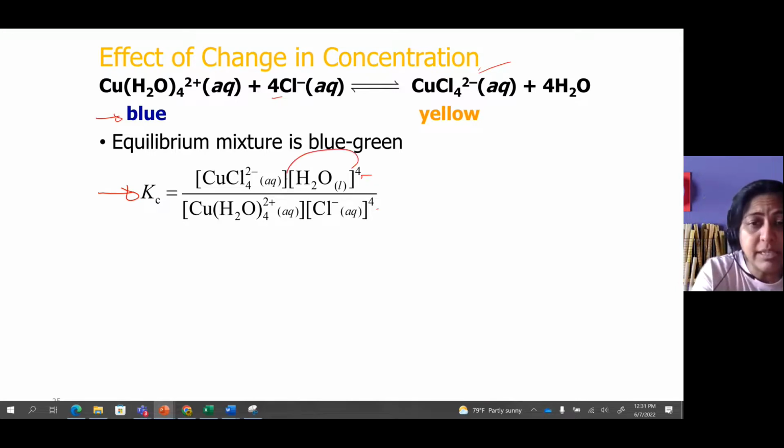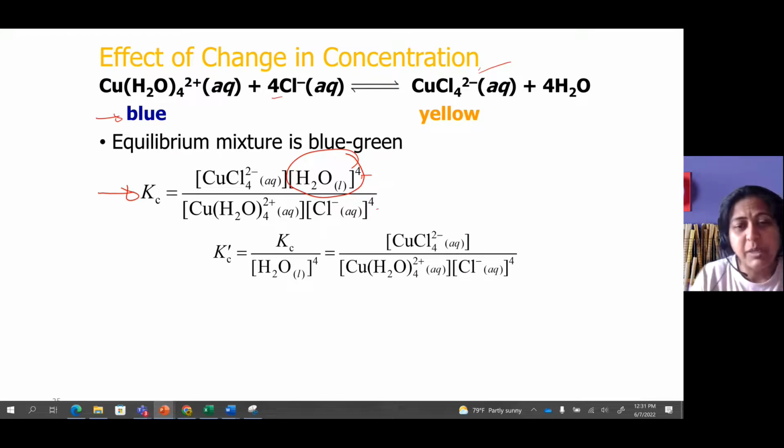Next, what is this one? Yes, that's the concentration of a liquid. It's a constant, so we get a new equilibrium constant. Now in the equilibrium constant expression, you will observe the concentration of water is not included.